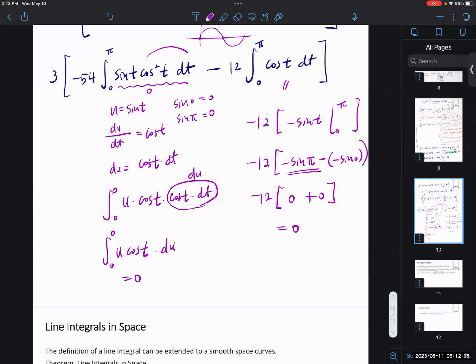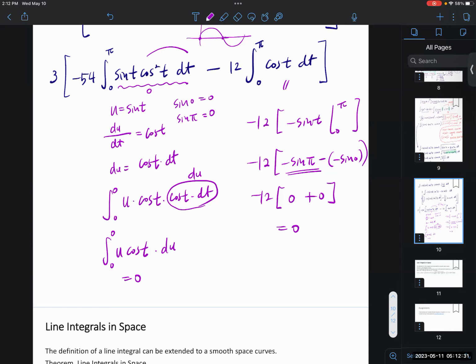So let me double check what is going on here. I took the derivative when I use a u substitution, but let me see if I can do something. In this time, I see that it's a 0 for cosine t as well.